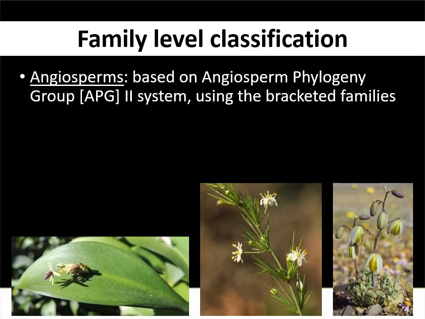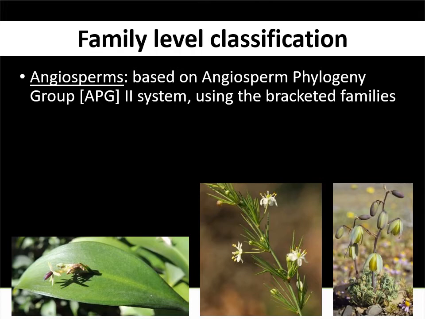Now the family level classification that is followed for the angiosperms is a bit more complex. The classification followed is based on APG2, with the bracketed families recognized at family level. Bracketed families were tentatively included in other families, but you had the option to still recognize them in APG2, which we have done.